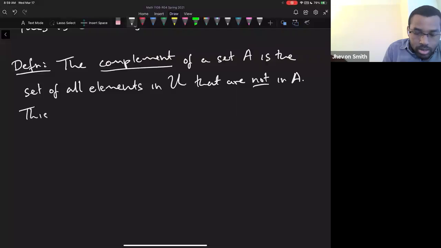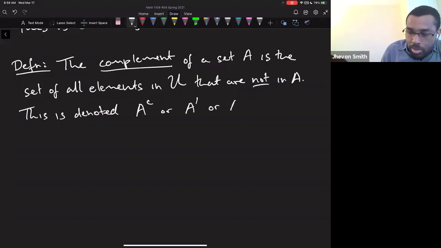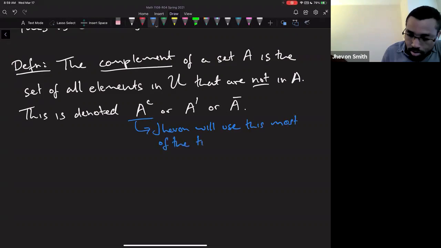This is denoted A complement, or some people like A prime, or some people like A bar. Jhevon will use this most of the time, out of habit. But if you're reading some other book where they're talking about sets and you see these other symbols, they probably mean the complement.